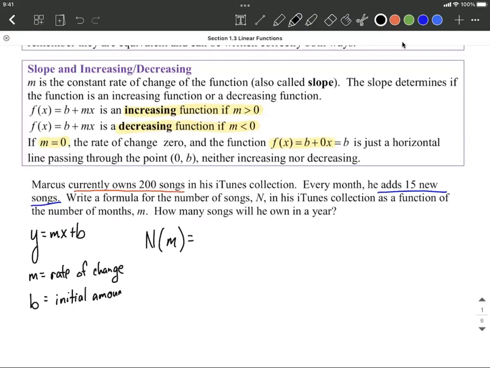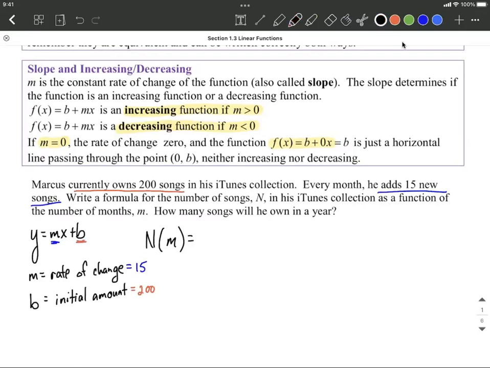So what I'm going to suggest we do is go ahead and try to line up the components that have been given to us in this word problem. They tell us that he starts out with 200 songs, so the initial amount that he has is 200, but he's going to be adding to that month after month. And it's consistently going to be 15 new songs, so positive 15 is going to go in for our slope. Just kind of color coding things over here to the side.